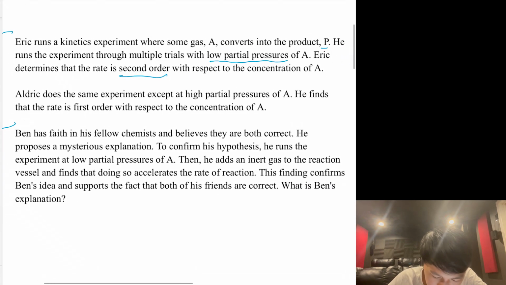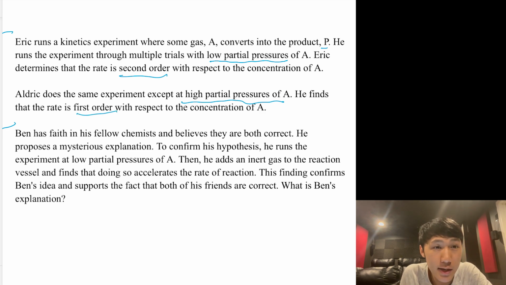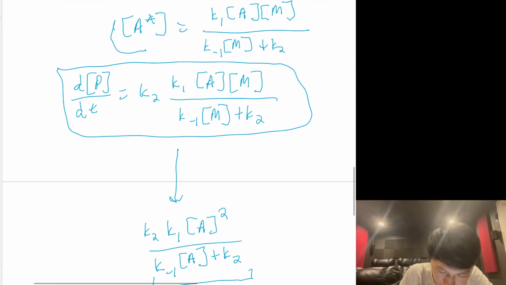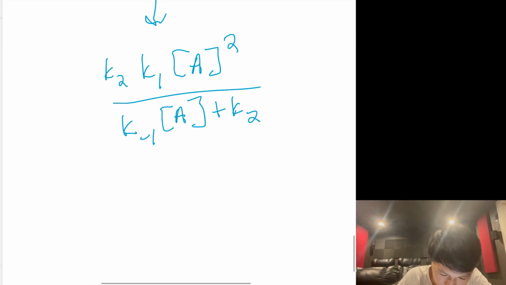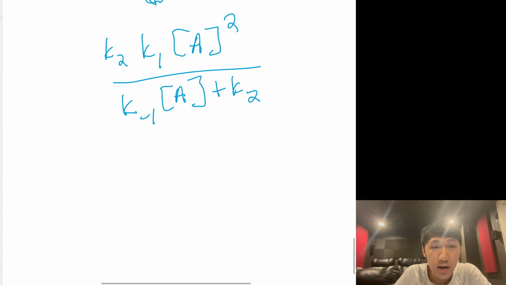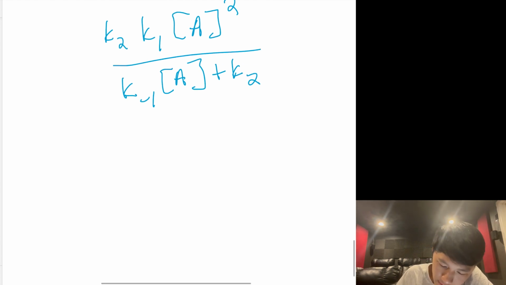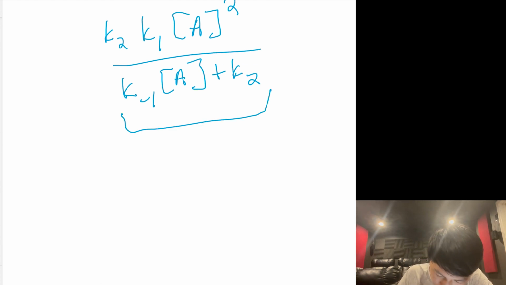Now, on the other hand, Aldrich does this experiment at high partial pressures of A, and he finds first order. Let's see if that matches our rate law that we derived. At high partial pressures of A, the concentration of A is also going to be high. And we can assume that in the denominator right here, the k-1 times the concentration of A is going to be much greater than k2.